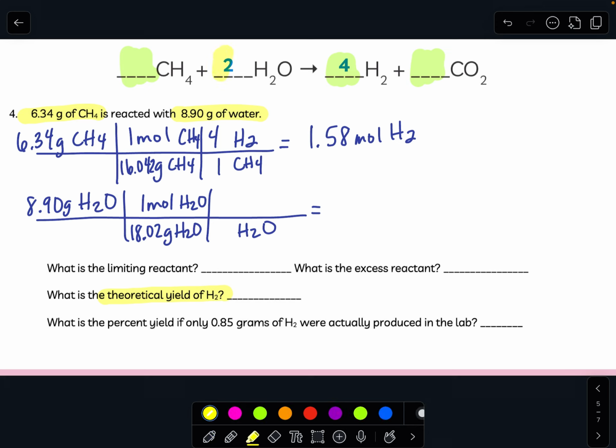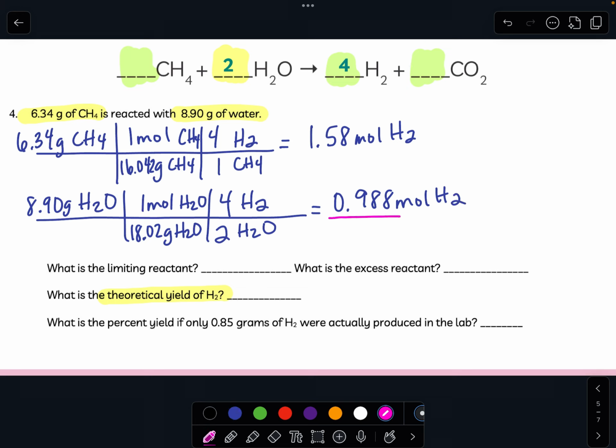And I'm just going to pull my coefficient from my balanced equation. I'm still keeping H2 at the top because remember I want to solve both of these for hydrogen. So now I'm ready to plug my numbers in. I'm going to multiply the top, divide by the bottom, and I get something like 0.988 moles of H2.